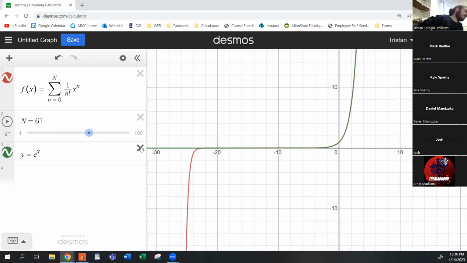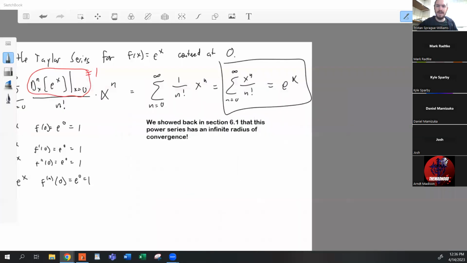And the idea here is that the power series, if you add it up all the way to infinity, it does actually equal e to the x. This Taylor series is an example of a power series with an infinite radius of convergence. So these two things are straight up equal to each other. E to the x is an infinite polynomial. And that's true at every point in the domain.